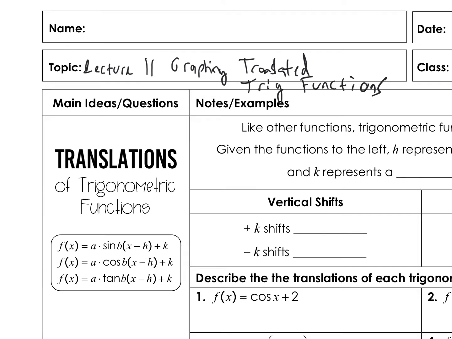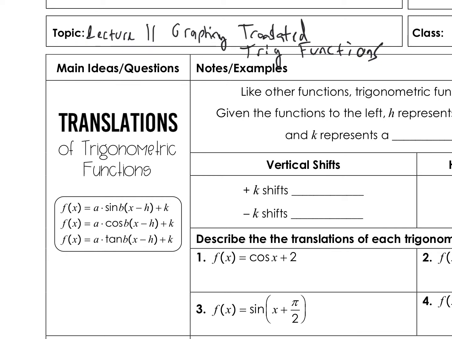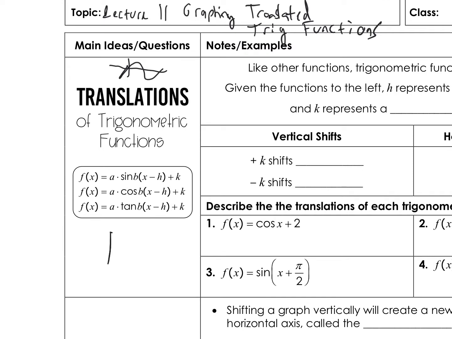Okay, now translations do mean when you take your basic parent graph, there's a curve, sine curve that I just drew, excuse me, and I move it. So what you might be looking at is the graph is down here. But it still is going to cross that axis over there.